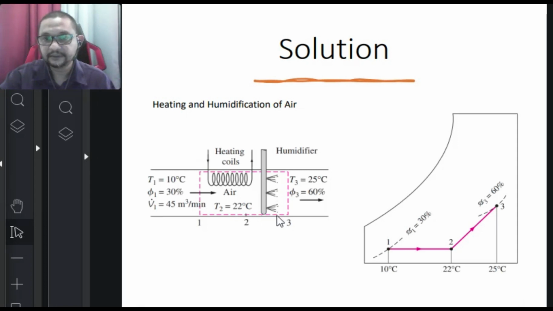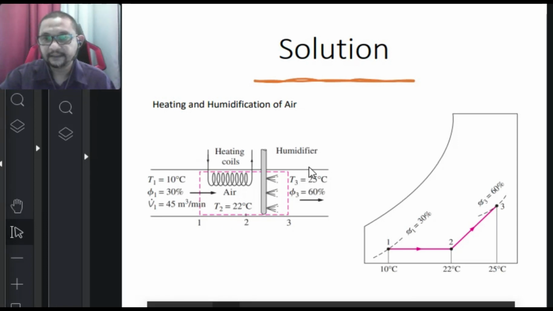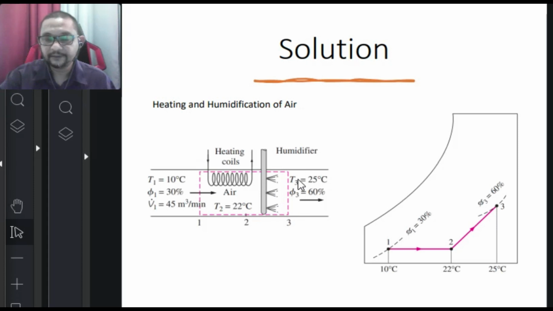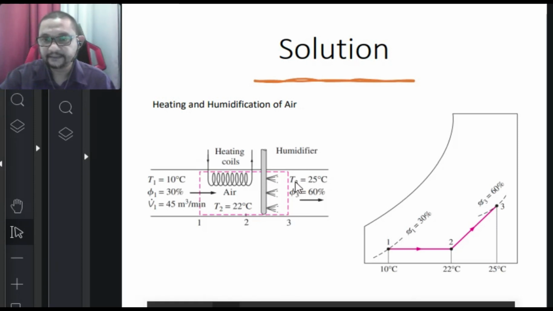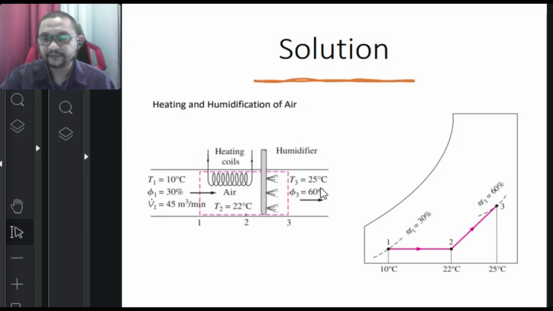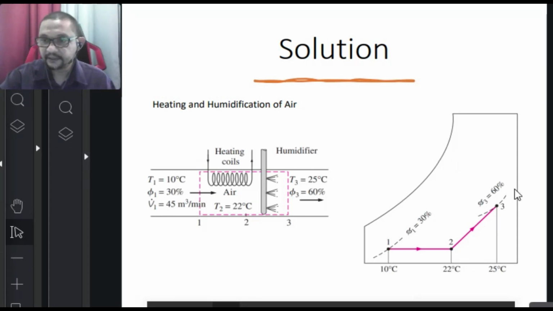This is a heating process, and this is the humidifying process where steam is sprayed at this section and then the temperature becomes 35 Celsius and φ3 becomes 60%. The process on the psychrometric chart is as shown.